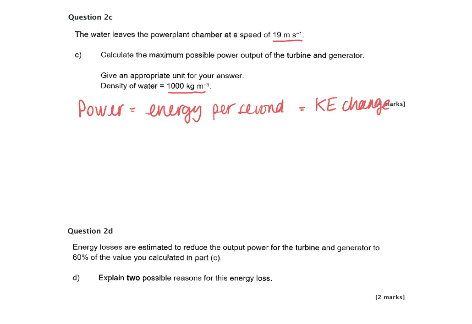So to do our kinetic energy change, we've got half times m times v squared, but we've got a speed before and we've got a speed after. So we're going to do half times the mass, and I'll show us where we get the mass now. So our mass, we're going to use our density, and we're also going to use our volume. So if we take our volume from the previous question and times it by 1,000, we get 4,500 kilograms.